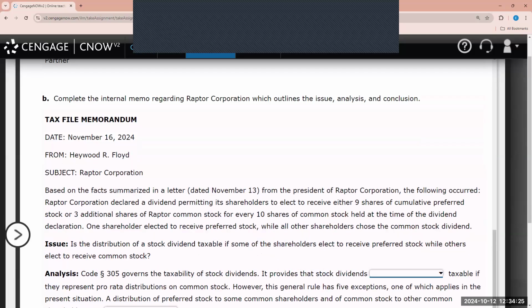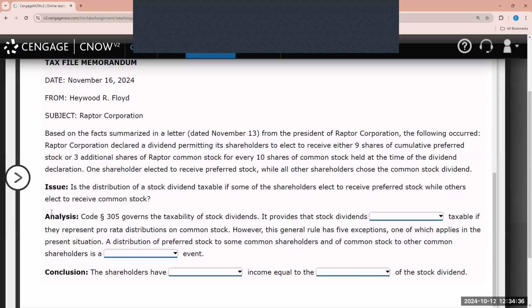So for B, it's asking us to complete the internal memo regarding Raptor Corporation, which outlines the issue, analysis, and conclusion. So here we see, based on the facts summarized in a letter dated November 13th from the president of Raptor Corporation, the following occurred.